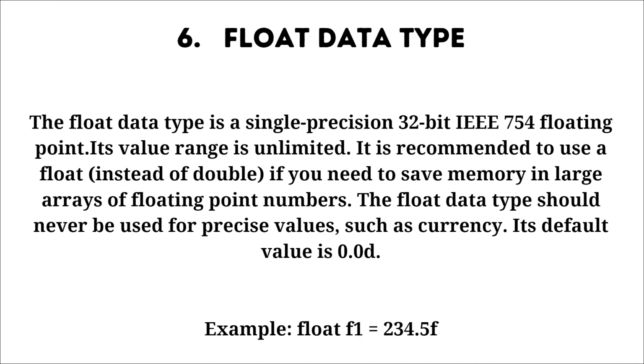So it is recommended to use a float instead of double. Basically, if you have any digit with a decimal point, like the example I have given, 234.0, 0.5, you can use floats, and its range is unlimited, so you can use as much as you want.